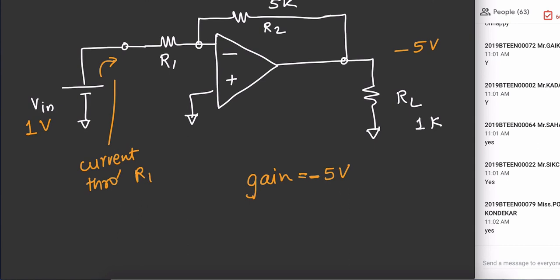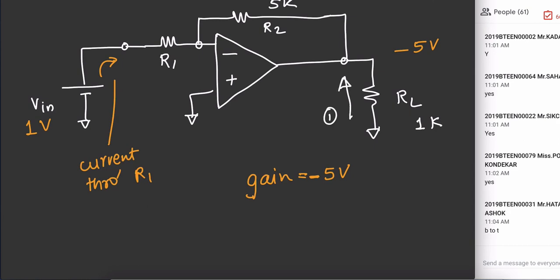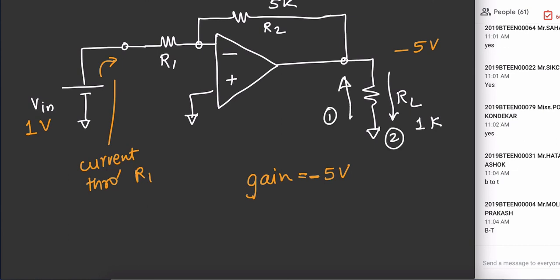So will the current through RL be from bottom to top, case 1, or top to bottom, case 2?